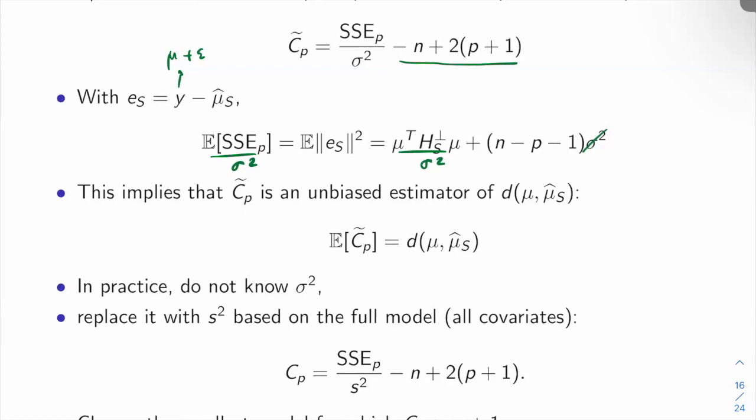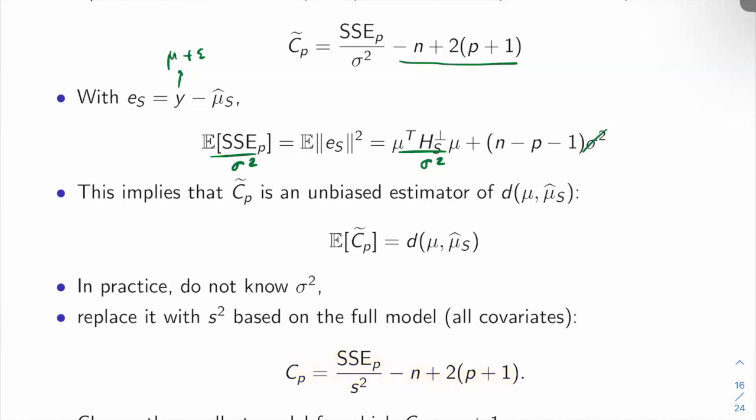So everything you can calculate. If you had sigma squared here, this would be an unbiased estimate. So this is an unbiased estimate of the Mallows Cp, and this is an estimate of that unbiased estimator. In the end of the day, that's his criterion. You can see it's very similar to the things that we have seen before.